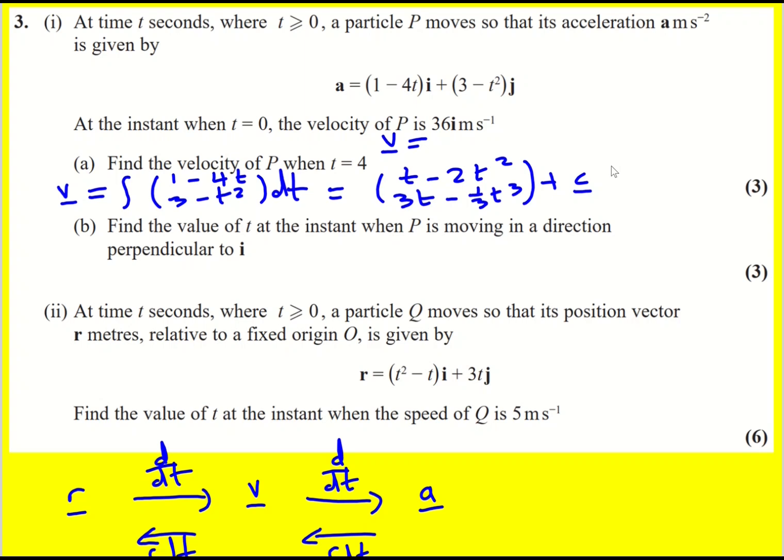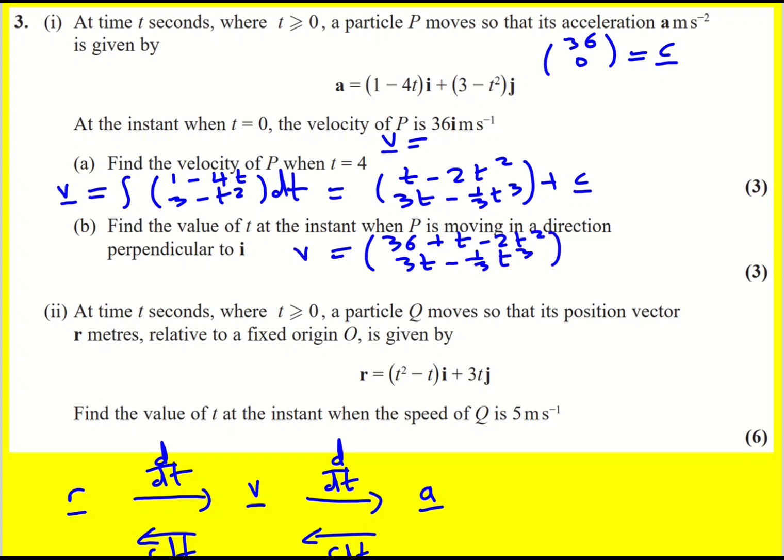And we know when t is 0, the velocity is 36i. So that means I can write down (36, 0) is going to equal c, and I'm sorted. So then it's going to be (36 plus t minus 2t squared)i and (3t minus 1/3 t cubed)j.